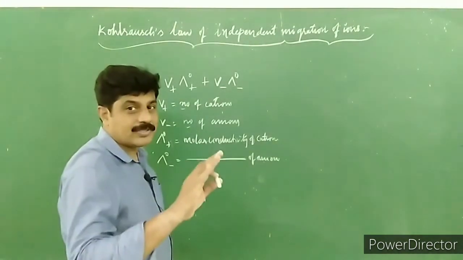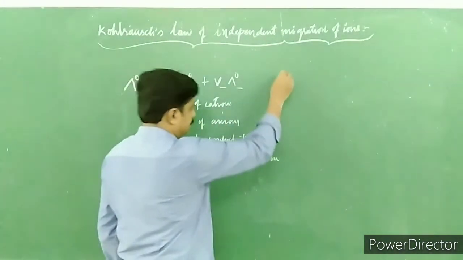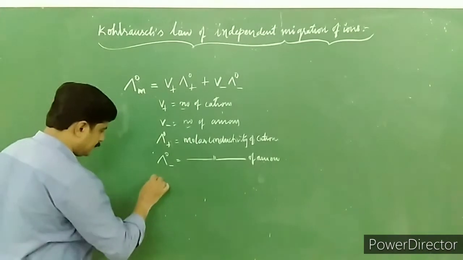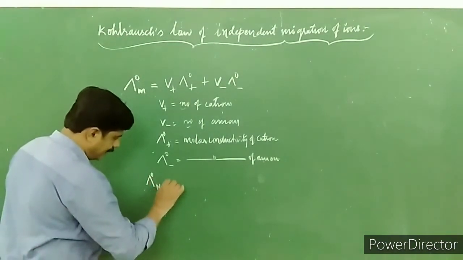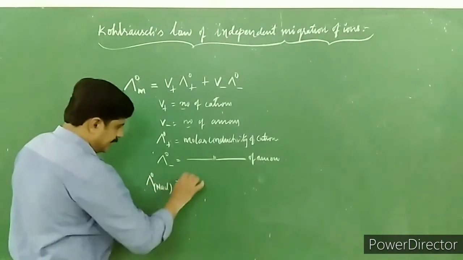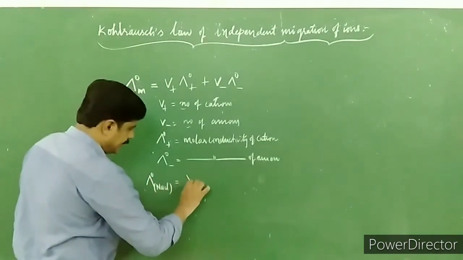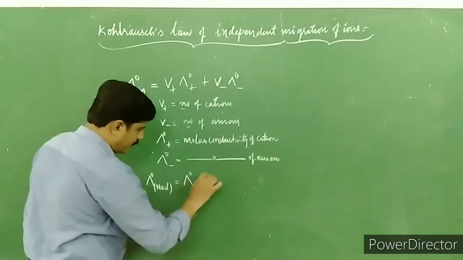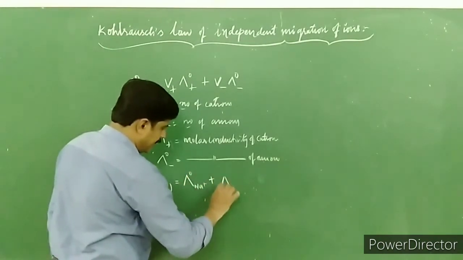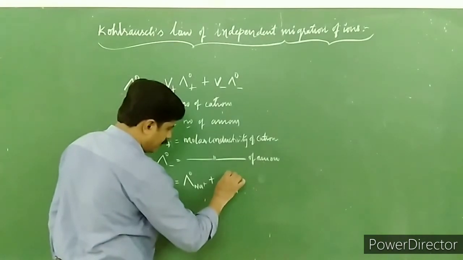Children, let me quote some particular examples. I'll write here. NaCl. Look at here, how do I write? Lambda Na plus naught plus lambda Cl minus naught.